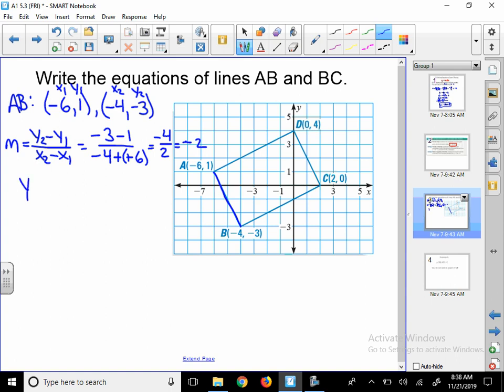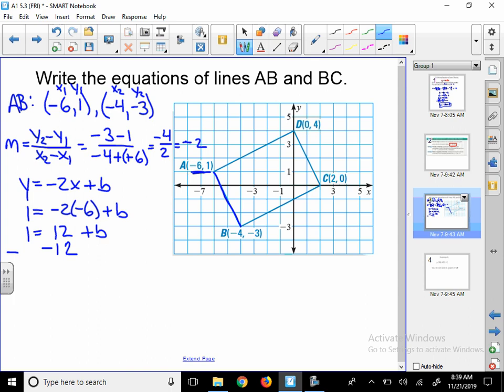So I have the equation y equals -2x plus b. And I got to plug in one of my points. Less negatives going on here. I know you guys don't like those, so you can avoid them if you would like. So plug in 1 for y, -2 times -6 plus b. Okay, just plug in those points, and I get 1 is equal to -2 times -6 gives me 12 plus b.